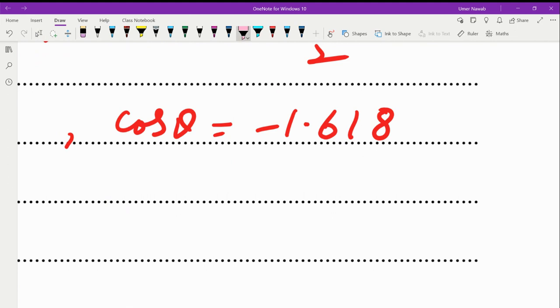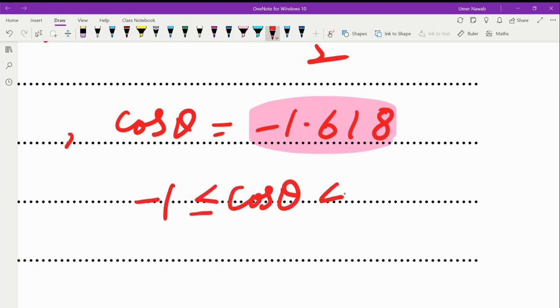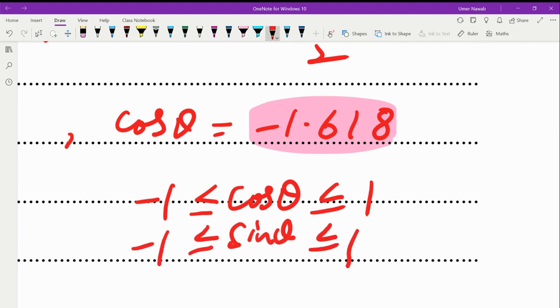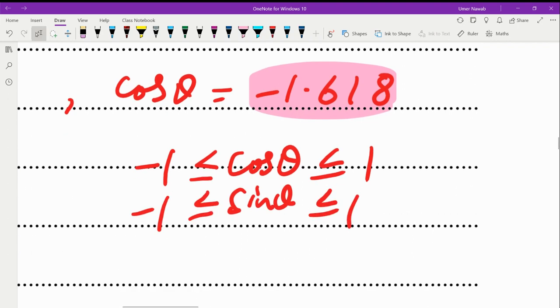Cosine theta or sine theta is not allowed to have an output of any angle less than minus 1 or greater than 1. Everyone knows cosine theta is a bounded function between minus 1 and 1, and sine theta is also bounded between minus 1 and 1. However, tan theta is not bounded, it can give you any answer from minus infinity to infinity.